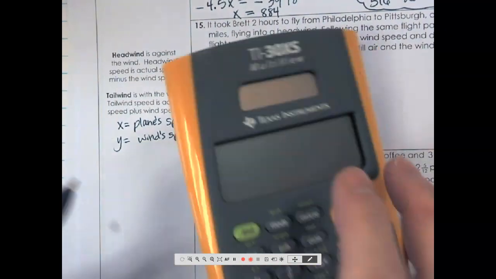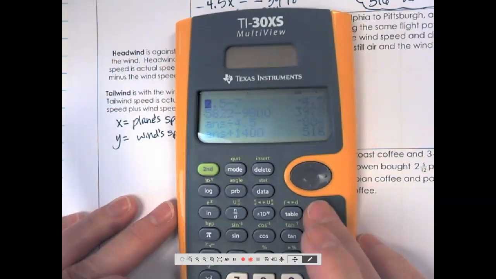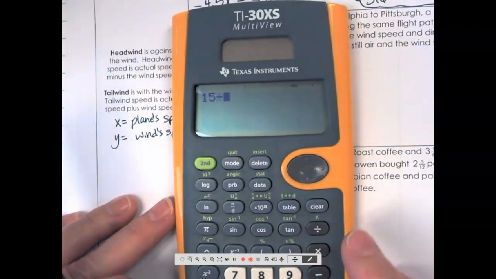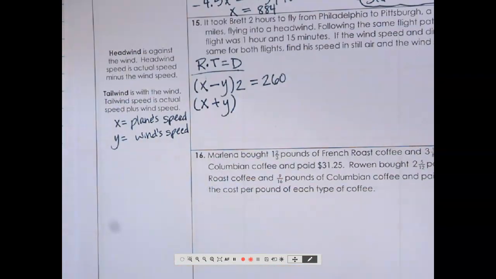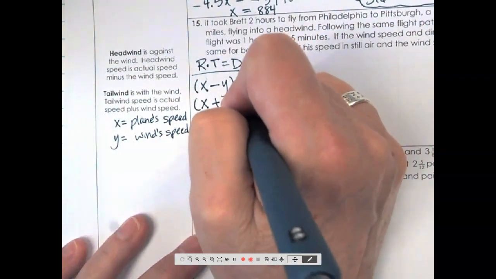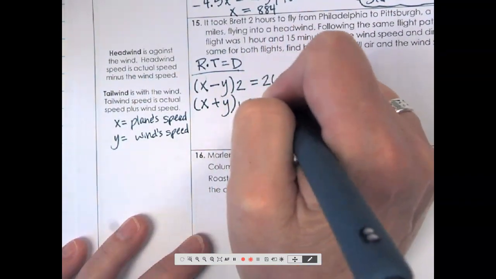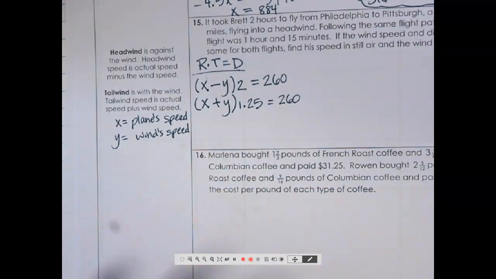Or if it was some weird amount of time and you weren't sure, then we're going to say 15 divided by 60, because there's 60 minutes, is 0.25 of an hour. So his time was 1.25, but the distance was the same. So the time and the rate varied, distance was the same. Is everybody okay with those?